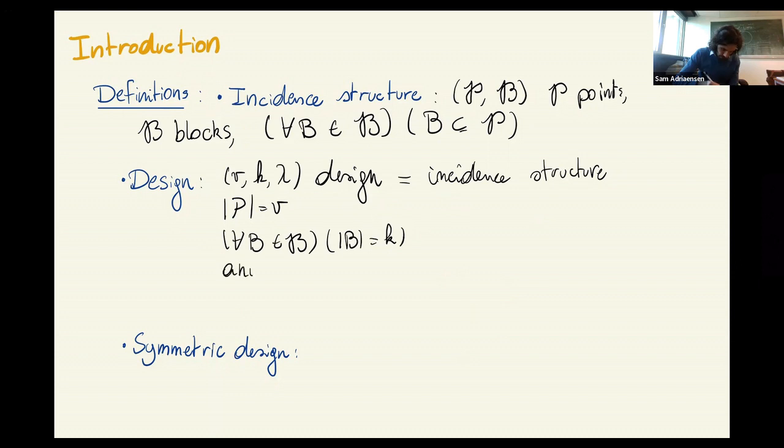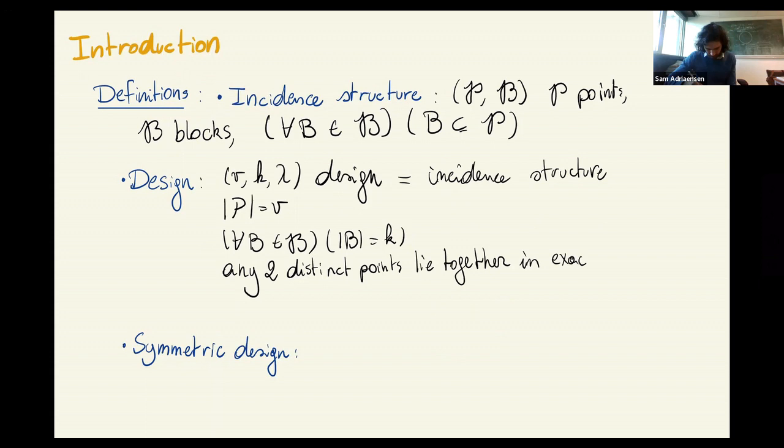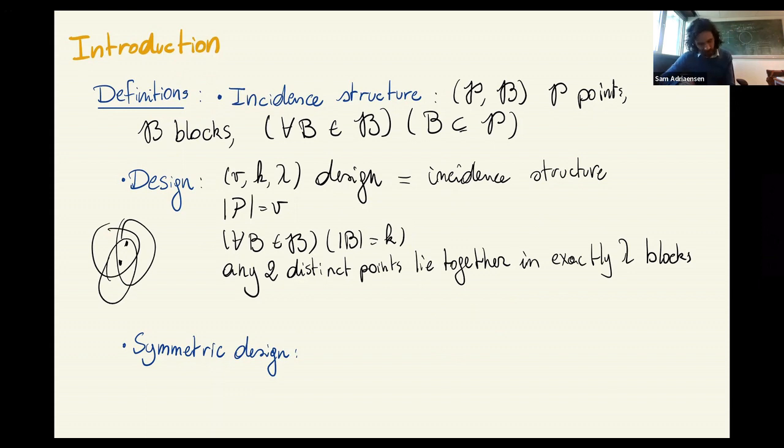And if you take 2 distinct points, then there are exactly lambda blocks containing both of these points. Right, so you just take 2 points, you count all the blocks containing these 2 points, and it will always be equal to lambda.